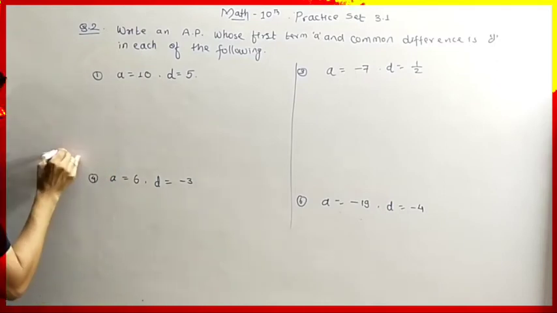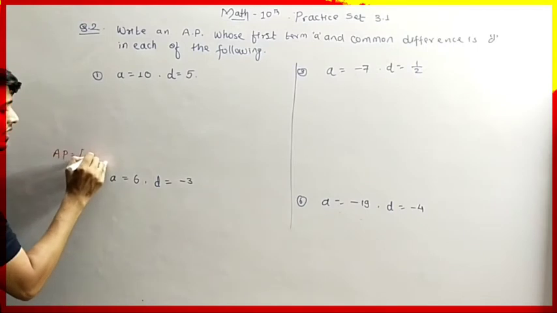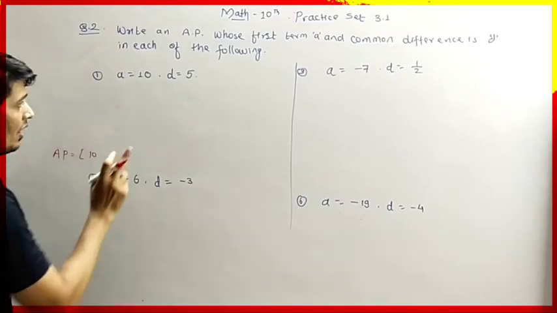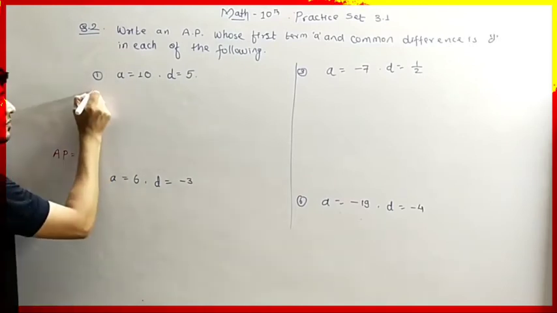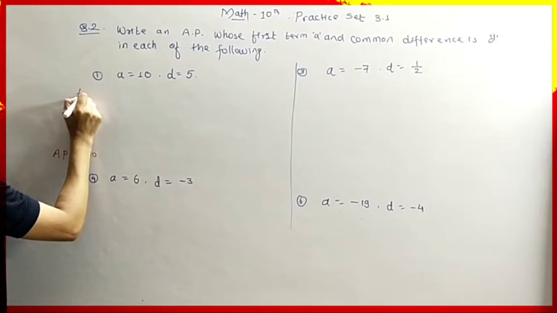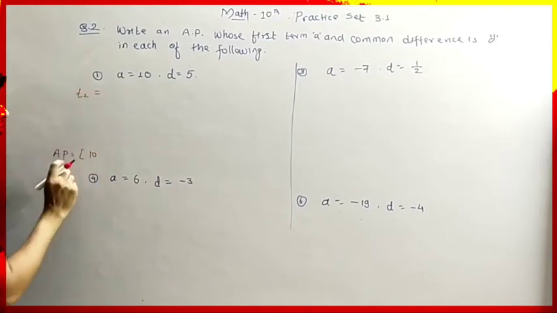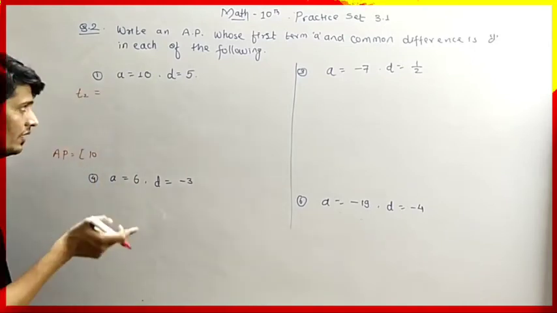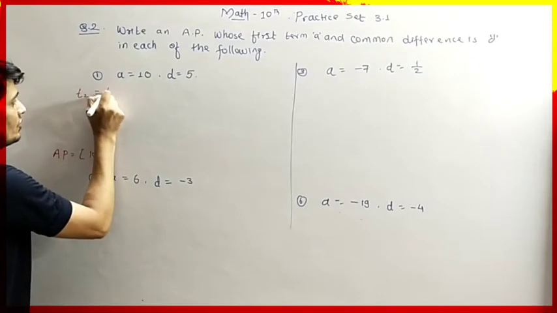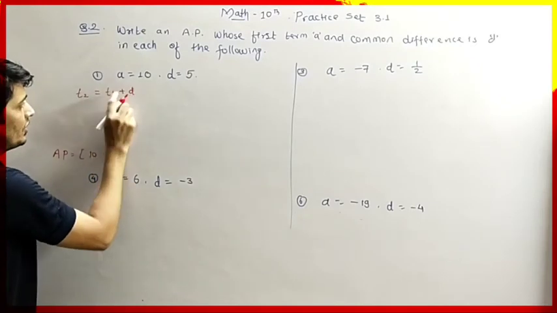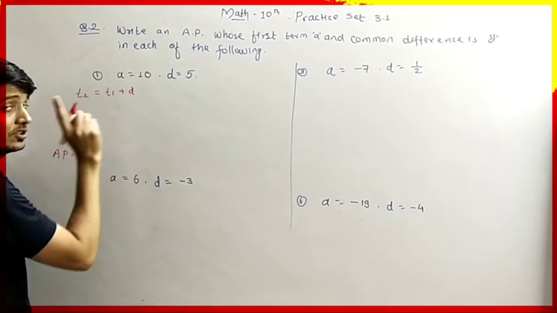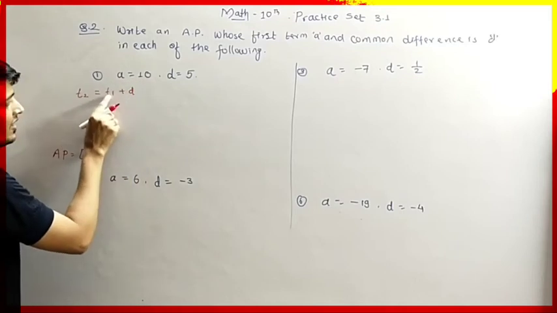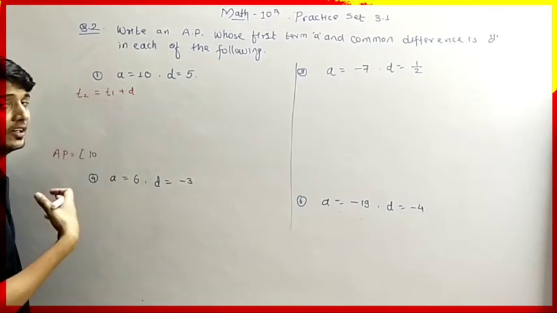Here the first term of the AP is 10. It is given. Now we have to find the second term. T2 equals T1 plus D. T1 is the first term, or instead of T1 we can write A also.